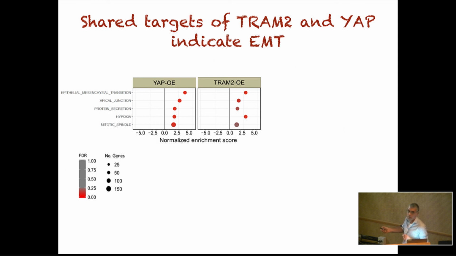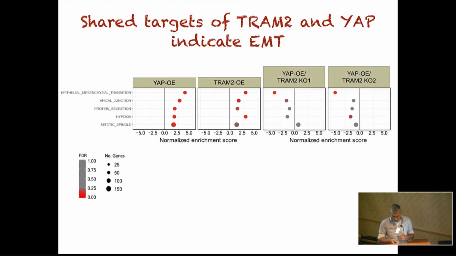But the most pronounced group of genes that changed was the epithelial mesenchymal transition. We knew that YAP creates this phenotype, mesenchymal and aggressiveness, as I showed you. TRAM2, we didn't know, and it really creates this phenotype.